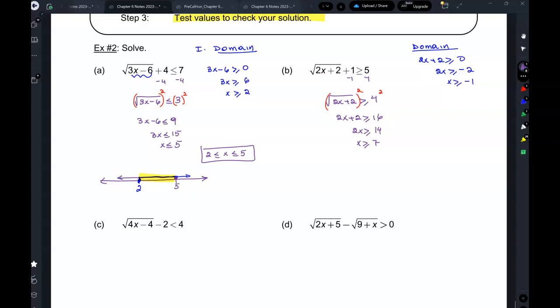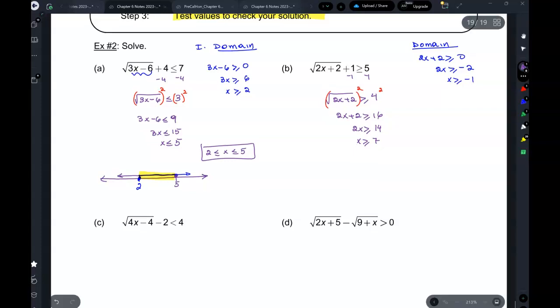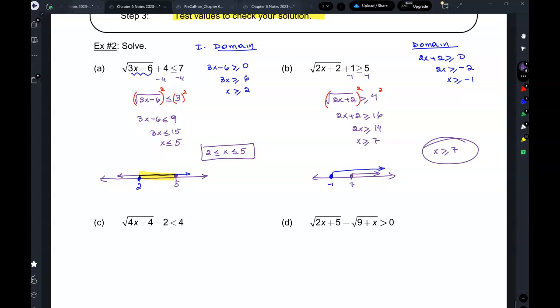Okay, now, this is telling you x is greater than or equal to 7. This is telling you x is greater than or equal to negative 1. You only take the portion that overlaps, the more restricted portion. So your final answer will just be x is greater than or equal to 7.